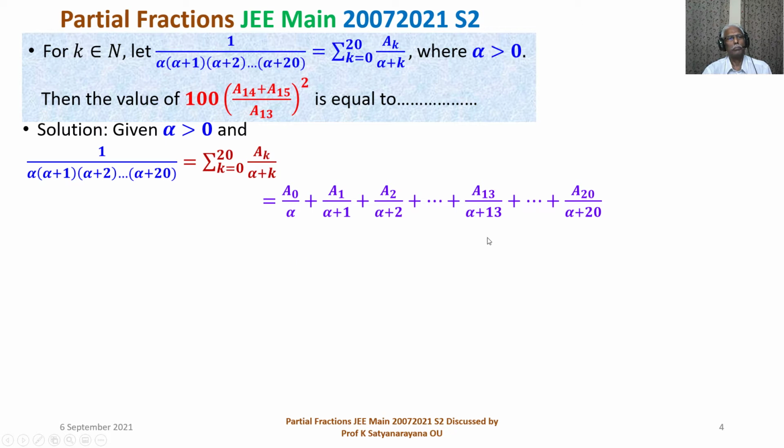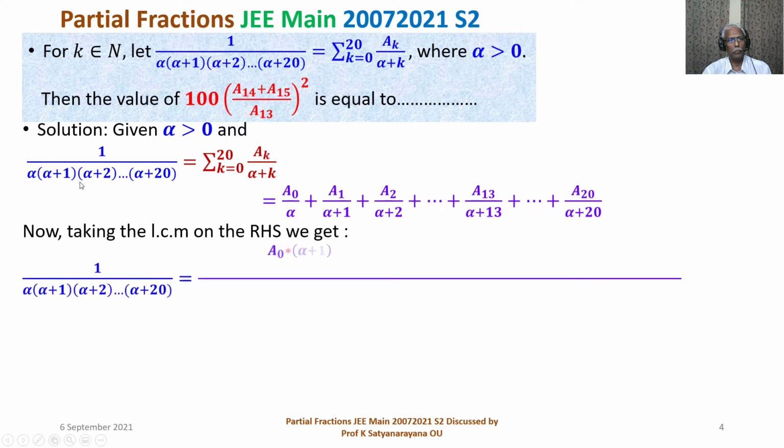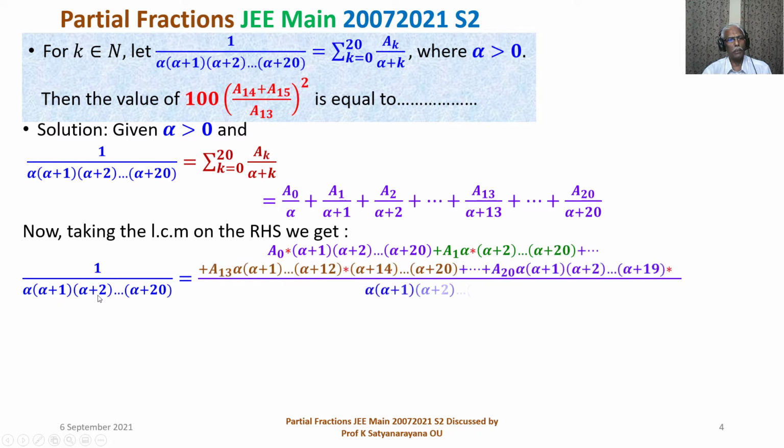Now take the LCM on the right hand side. The left hand side is 1 by alpha into alpha plus 1 into alpha plus 2 ... into alpha plus 20. If we take the LCM, we get a naught multiplied by the product of all the factors except alpha, plus a1 into the product of all the factors except alpha plus 1.